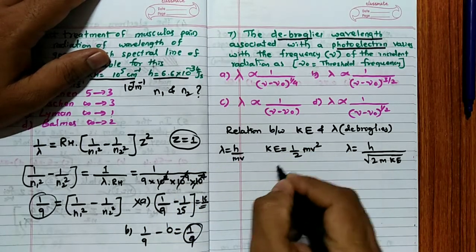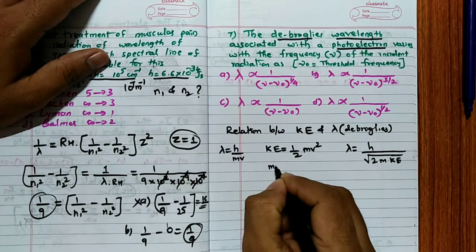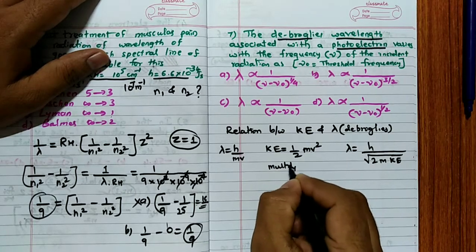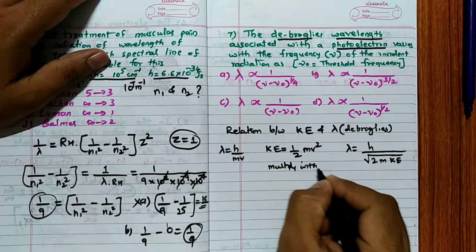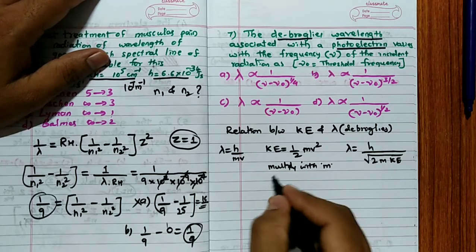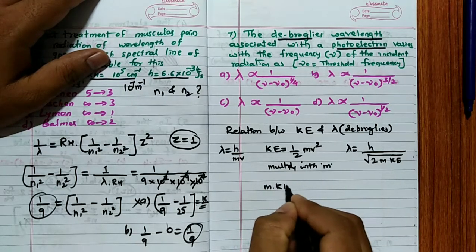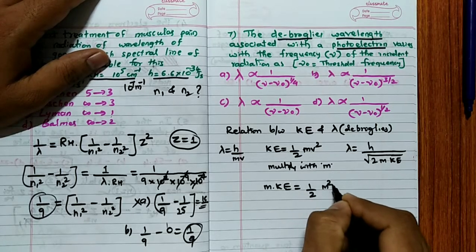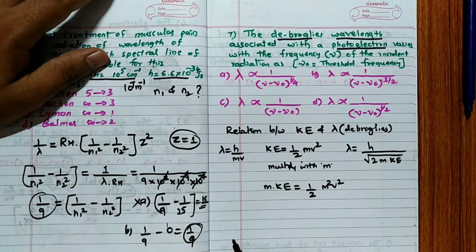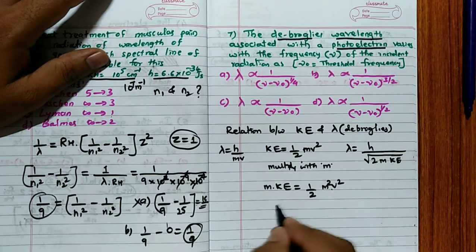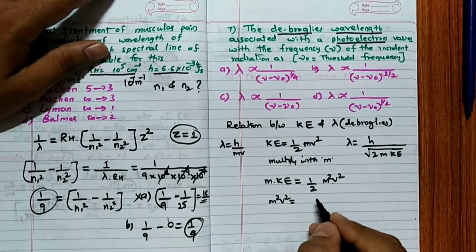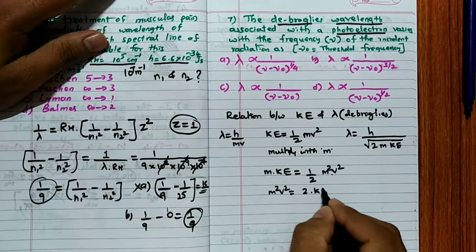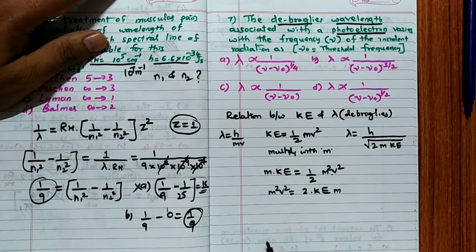So multiply with m mass now. What will we get? m into kinetic energy. Both sides you have to multiply, 1 by 2 into m square v square. Correct? So this is nothing but m square v square is equal to 2 into kinetic energy into mass.